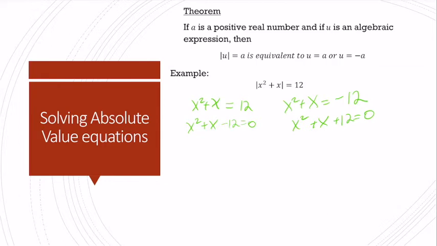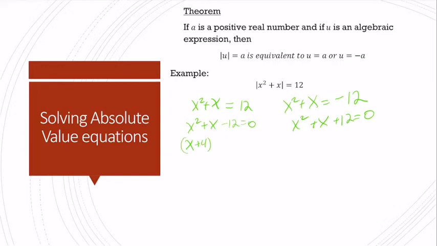Let's look at the equation on the left. I'm going to factor this. The factors of negative 12 that add up to 1: negative 12 is 4 times negative 3.